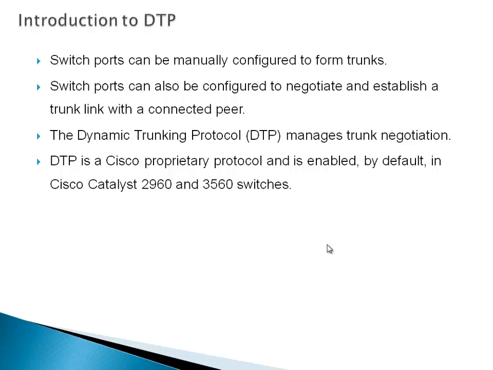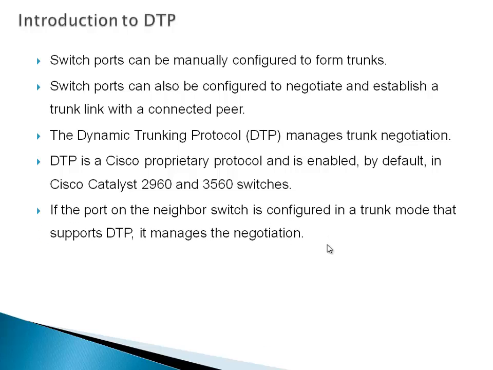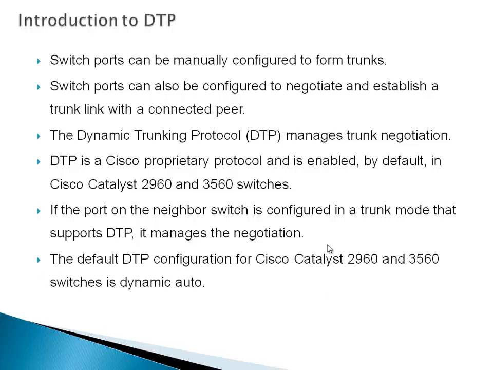DTP is a Cisco proprietary protocol and is enabled by default in the Cisco Catalyst 2960 and 3560 switches. If the port on the neighbor switch is configured in a trunk mode that supports DTP, DTP will manage the negotiation. The default DTP configuration for Cisco Catalyst 2960 and 3560 switches is dynamic auto.